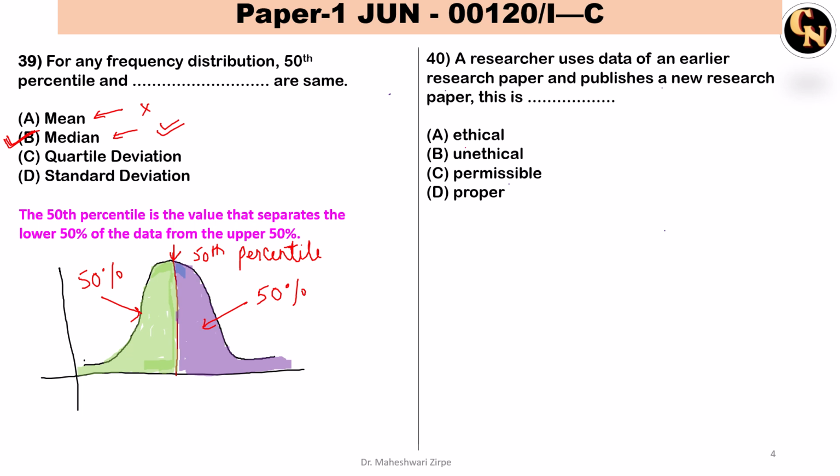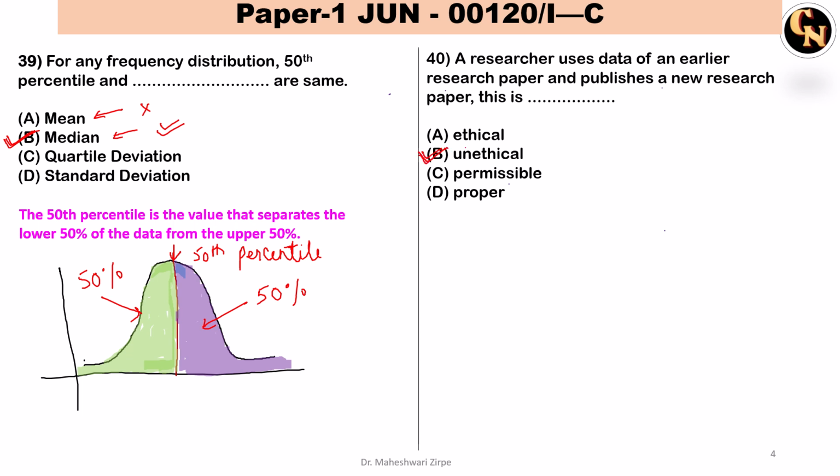So your correct option is median. Next one is, a researcher uses data for an earlier research paper and publishes a new research paper. This is dash. If you are doing research, you may know this, that a researcher using his own data which he has already published, actually this is unethical. If you are going to publish the data which you have already published, that is an unethical way.